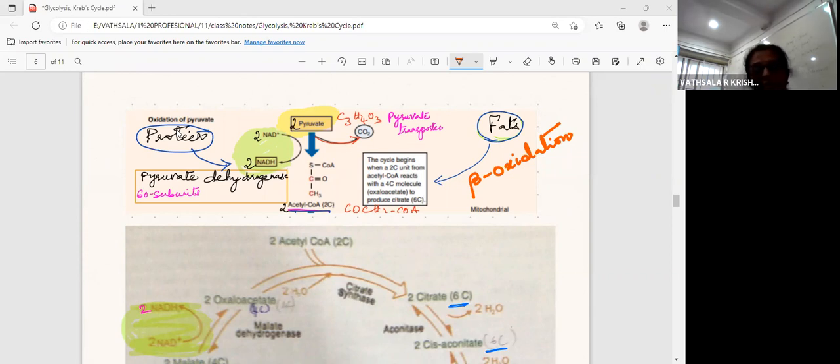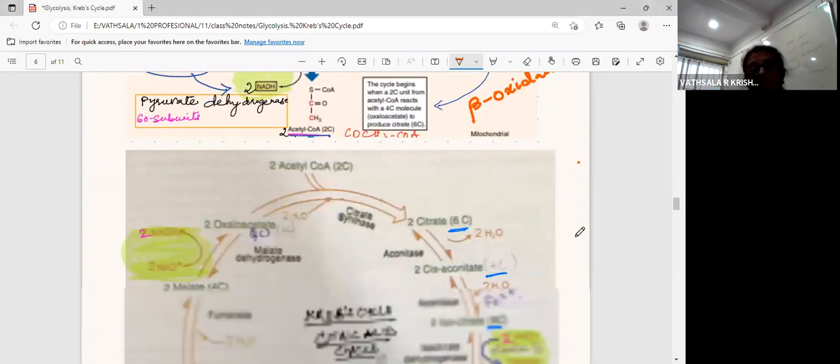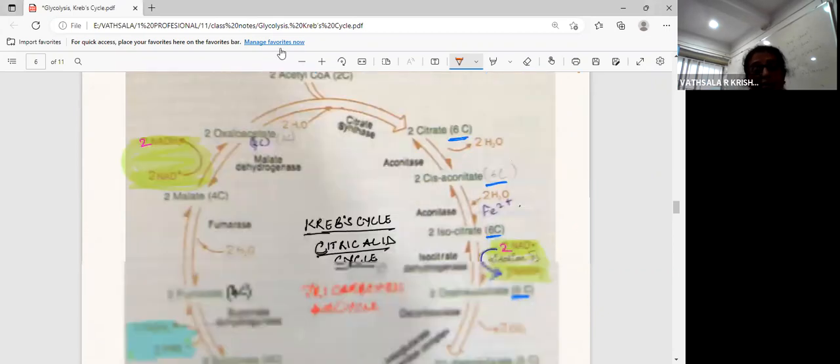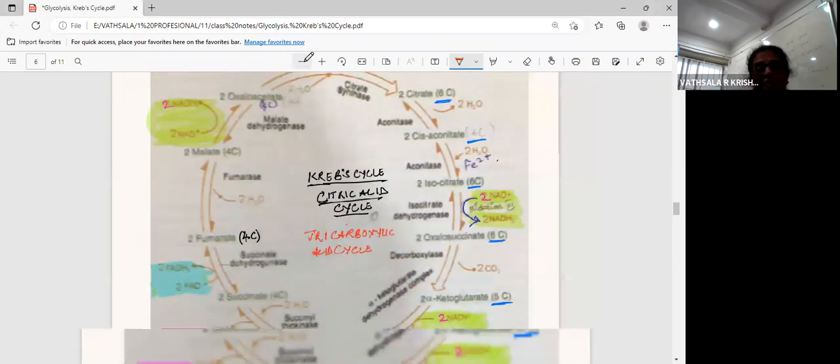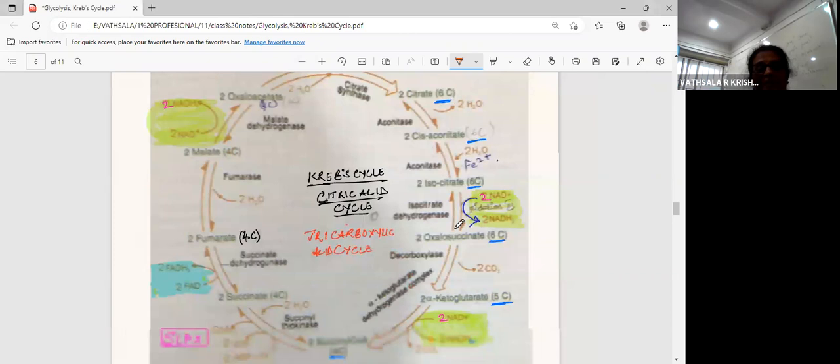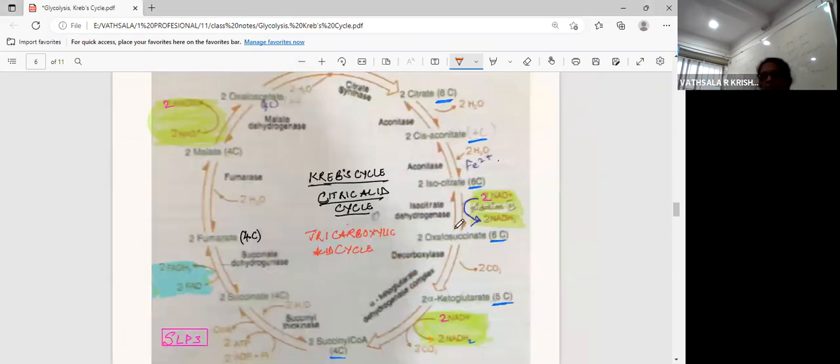So now it enters into the Krebs cycle. Now I want you to look here, not into your book at all, because in your book the Krebs cycle is very meager. Look into the Krebs cycle in your textbook first, all of you.